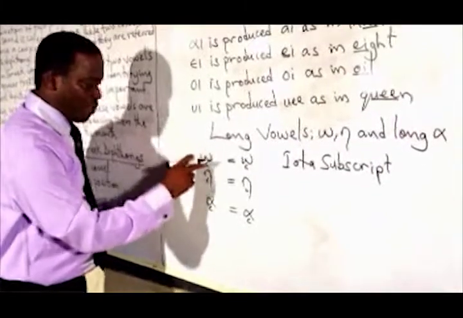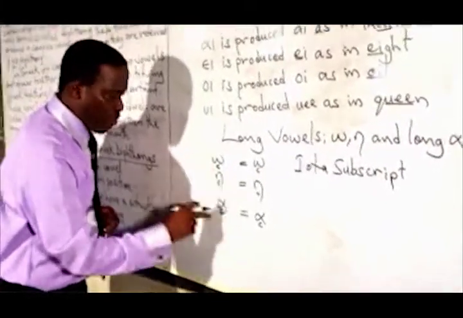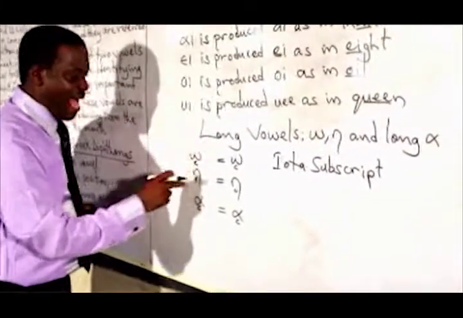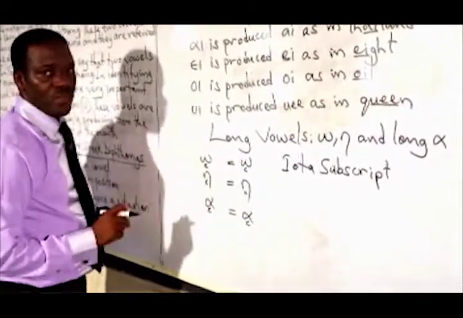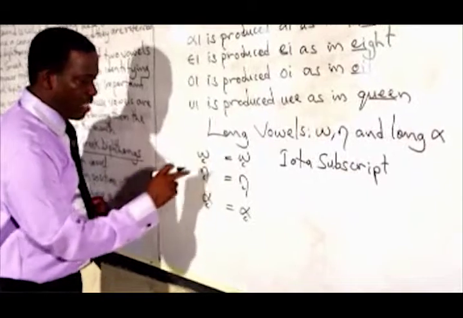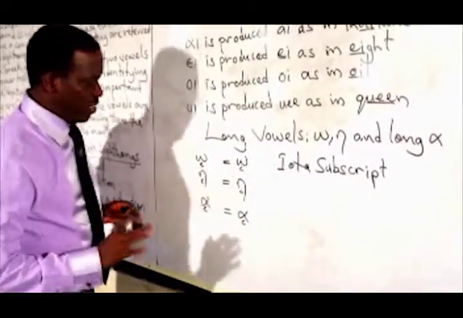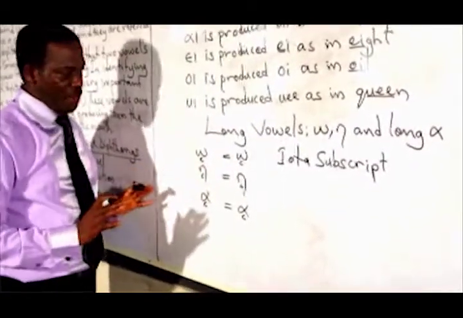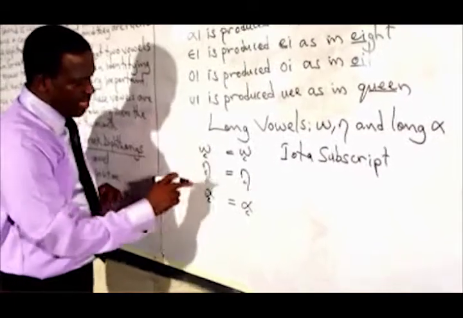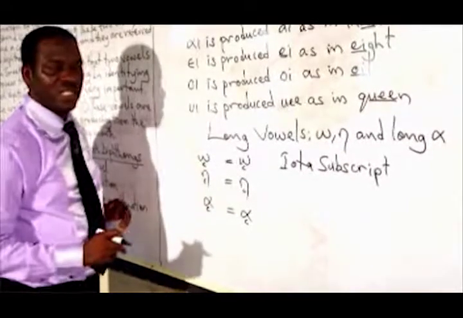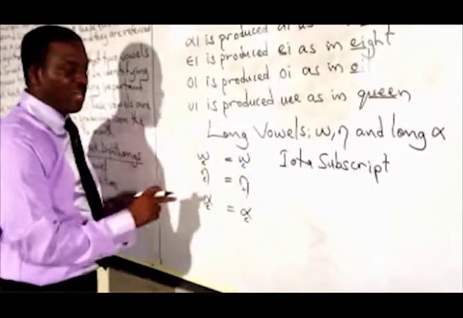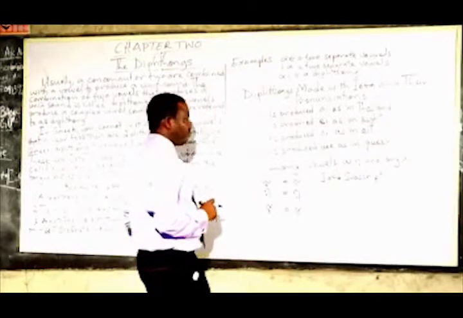In writing, you have to write it under these long vowels because they are diphthongs, even though it's not being pronounced with them. It must be under. Very, very important, because if the iota subscript is not under these vowels, it means that it's not a diphthong.